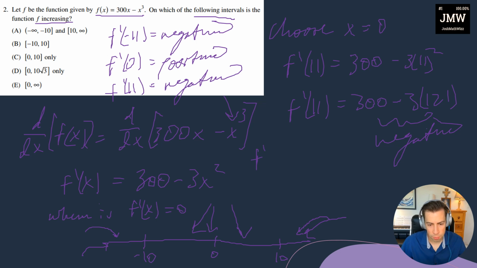So if f prime of x is positive from negative 10 to 10, then f is increasing. F is increasing on negative 10 to 10.